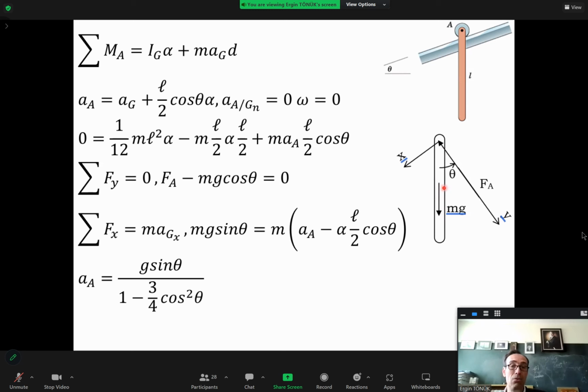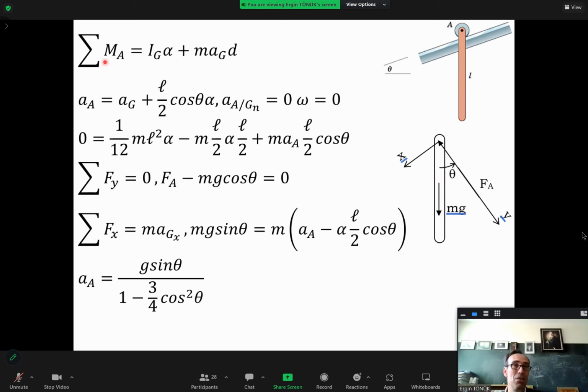And what I will start doing is I will take moment about this point A. You could also take moment about G and equate it to Ig alpha, but what I'll do is I'll take moment about A. The reason is I can eliminate this unknown reaction force Fa in that equation, okay?